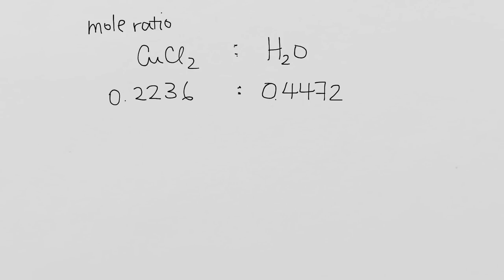Again, the trick with having a mole ratio that's not a whole number is to divide it by the lowest decimal, which is, in this case, 0.2236. After dividing, you get 1 to 2.